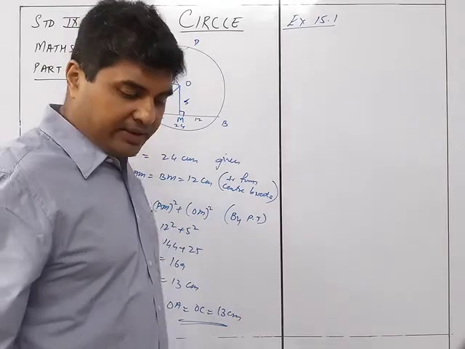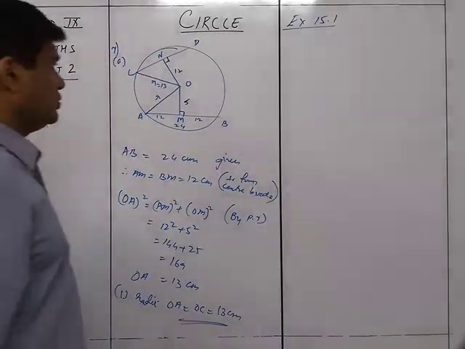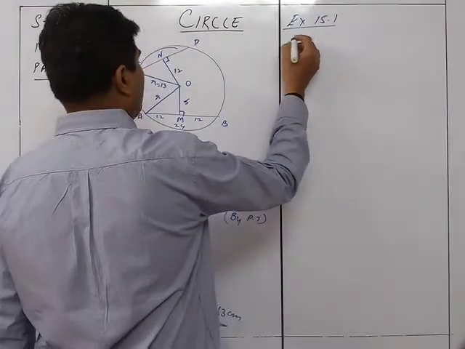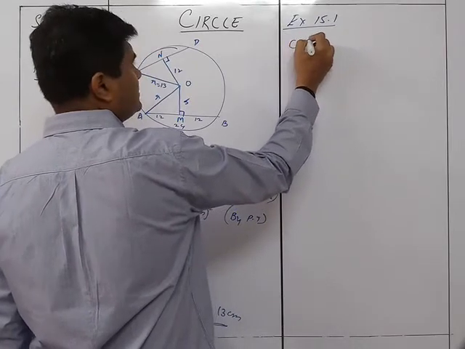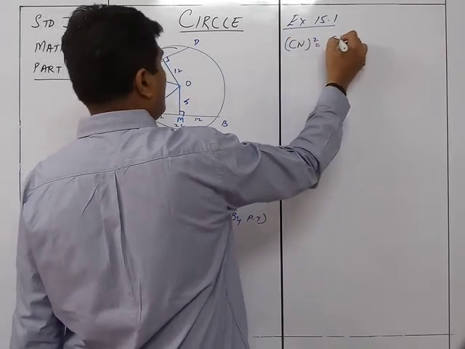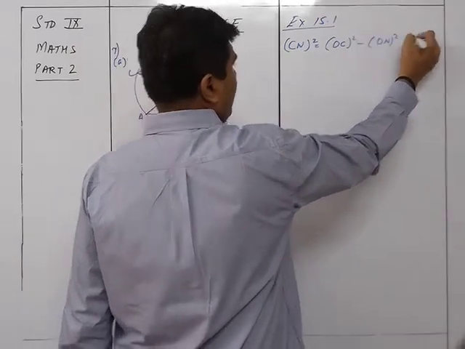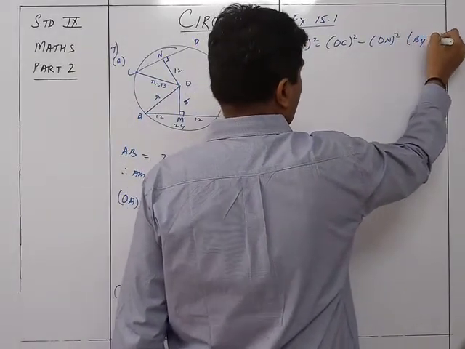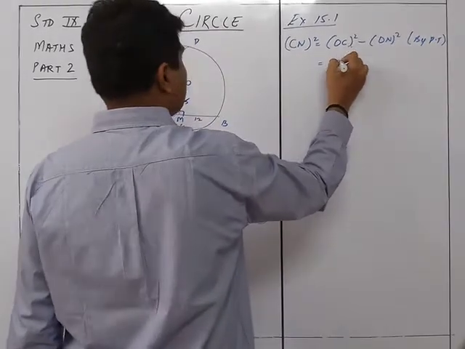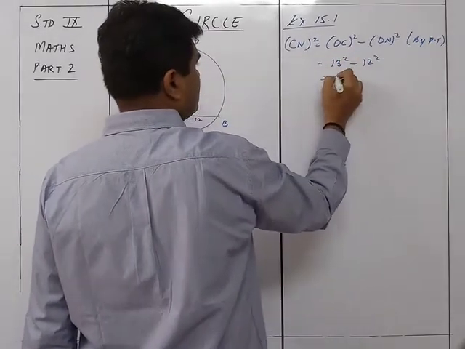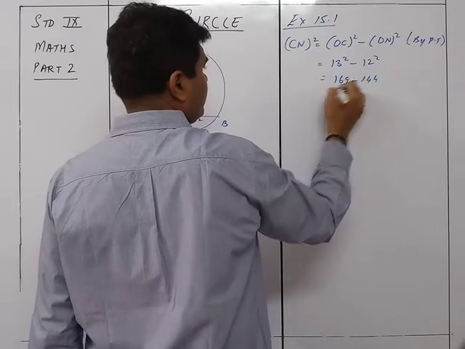Now we need to find out the length CD. So for length CD, again the same thing. We have got over here CN square is equal to OC square minus ON square by Pythagoras theorem. So that's going to be 13 square minus 12 square, which is 169 minus 144 is equal to 25.